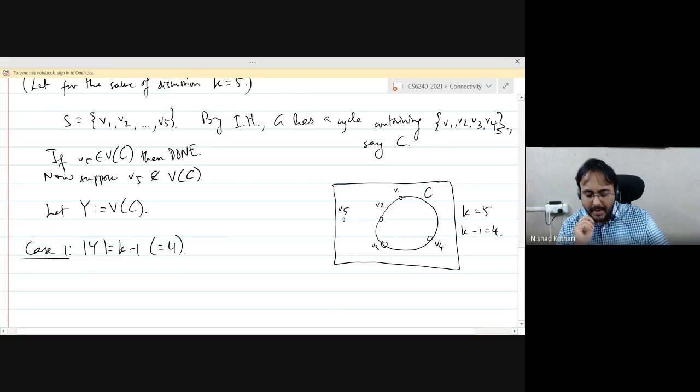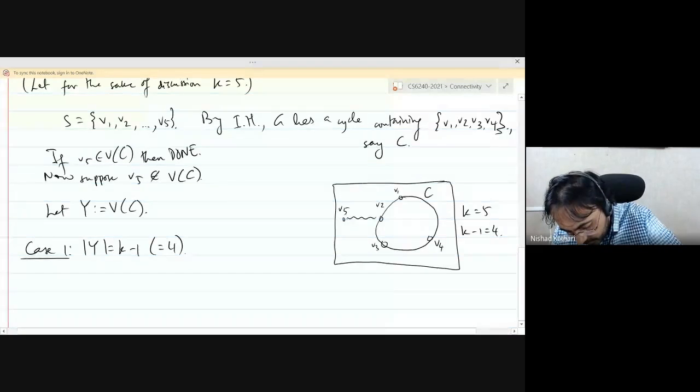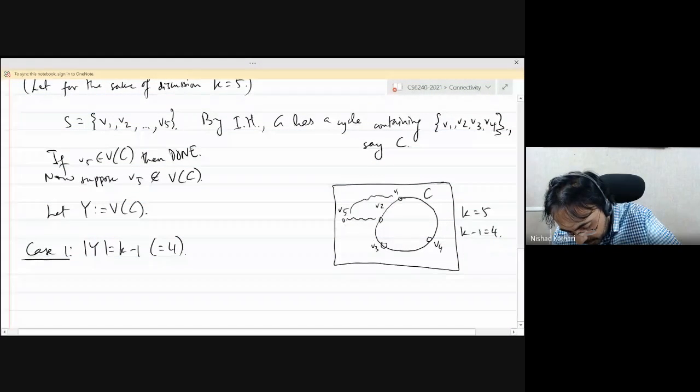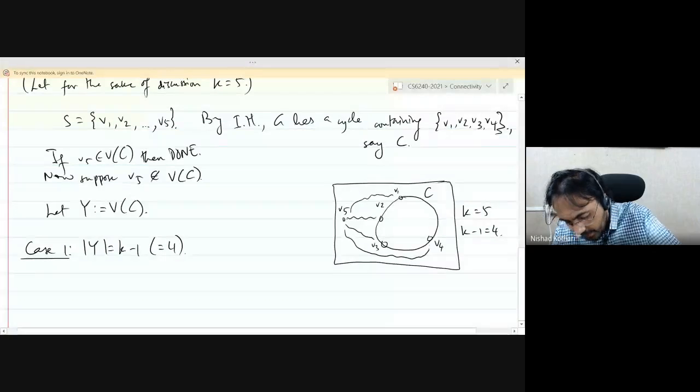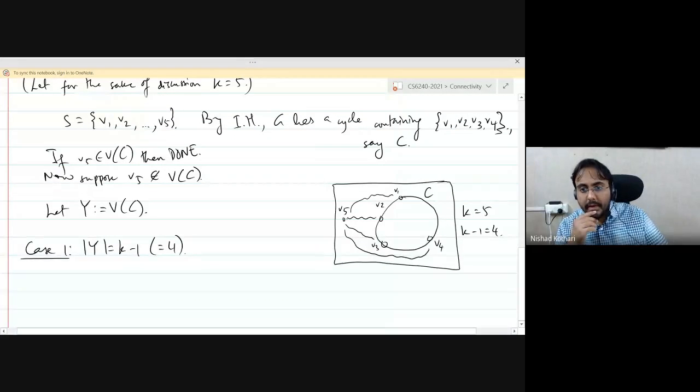If we can find paths from this vertex to these four vertices that are disjoint except for the vertex v5, then I would be done. Supposing I can find all these four paths from v5 to v1, v2, v3, v4, then I'm done. Do you all agree? Then I can just take any two of these paths and extend my cycle using those two paths.